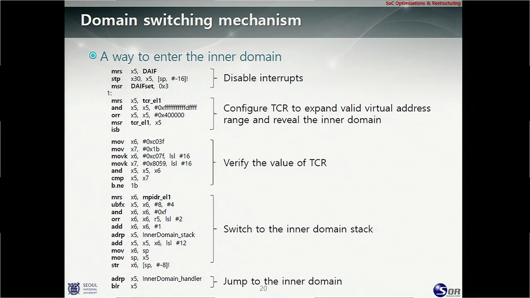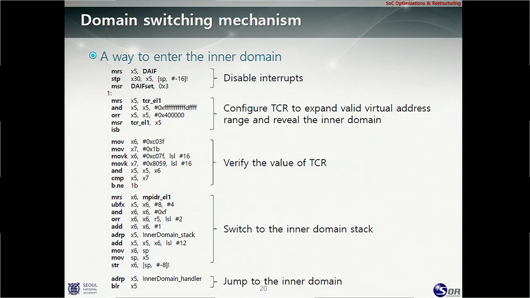Along with the intra-level isolation mechanism, Hilps provides the domain switching mechanism. To enter the inner domain, this mechanism first disables interrupts and changes TxSZ of TCR to reveal the inner domain by adjusting the valid virtual address range.